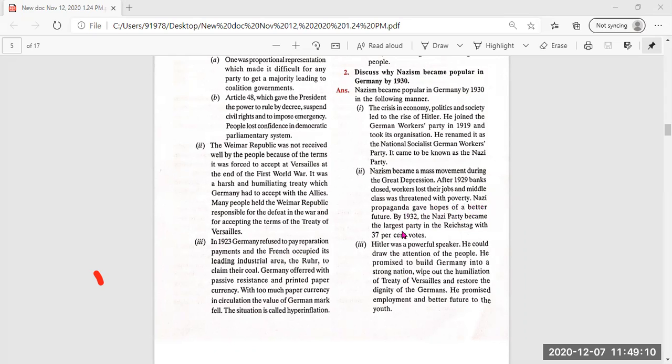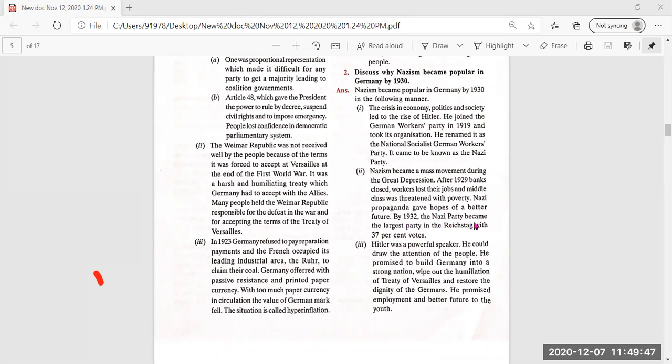The Nazi people were promising a good future for the German people, and those supporting the Nazi Party had some hope that if Hitler came to power, their condition might become better in future.